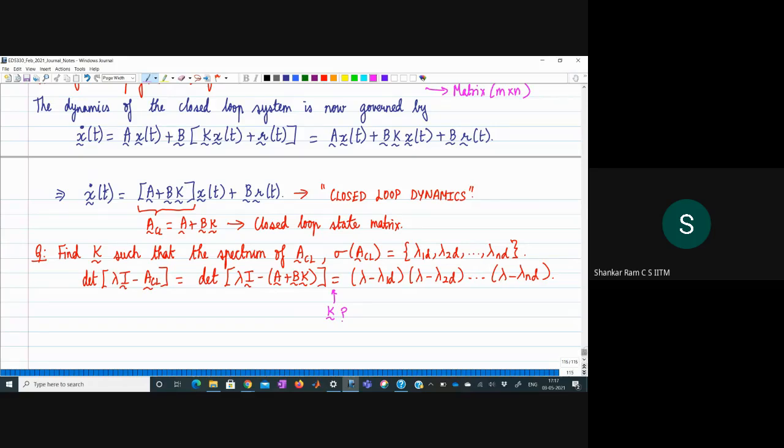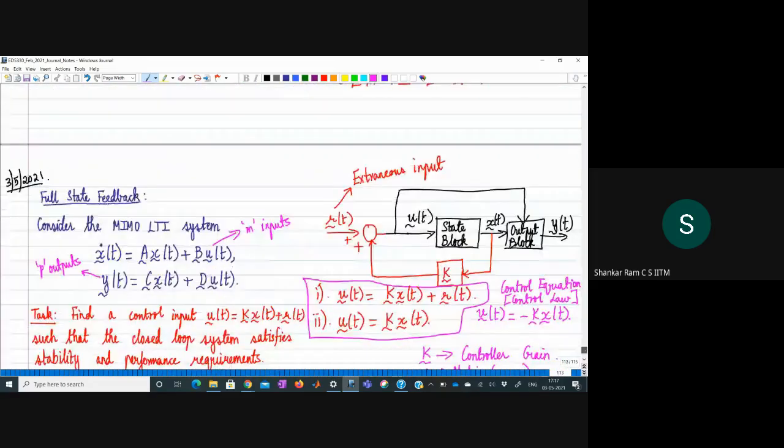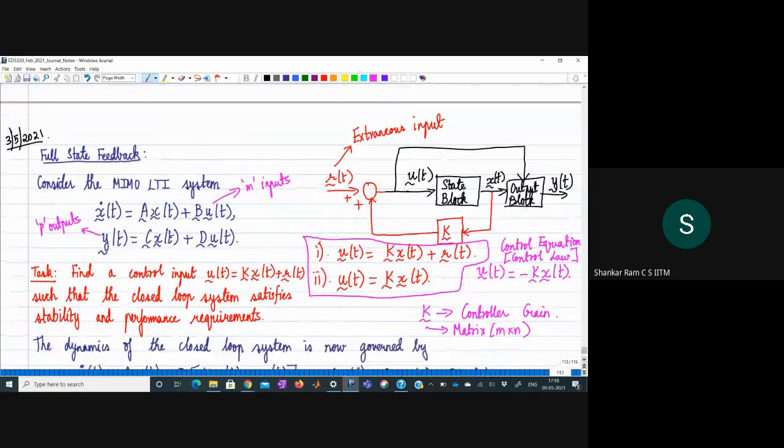Okay, so let me go back and recap what we discussed. We consider the MIMO system x dot equals Ax plus Bu, y equals Cx plus Du. In full state feedback, we take the entire state vector multiplied by a gain matrix K in a MIMO system. And then of course we can add an extraneous term r of t, or not.